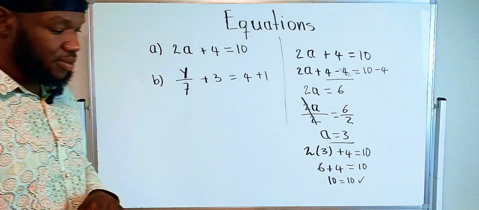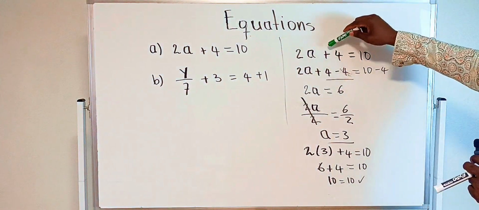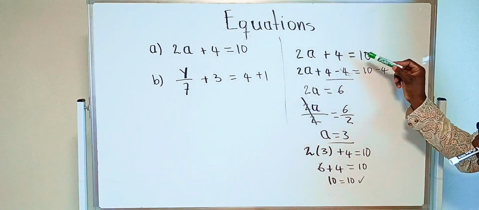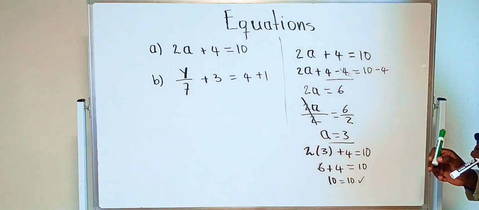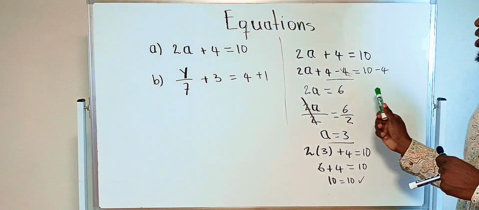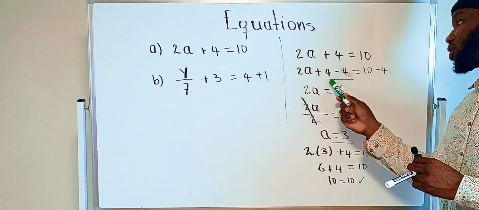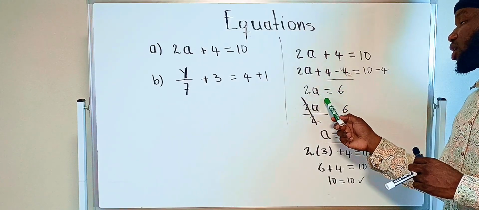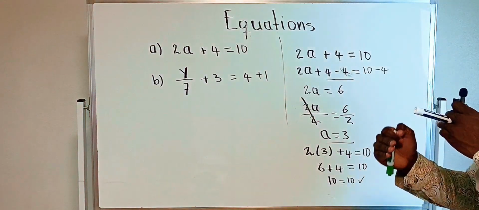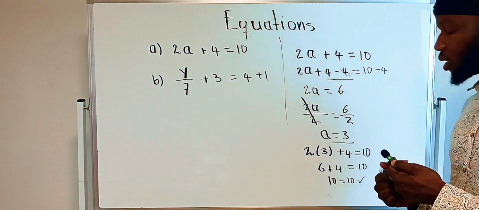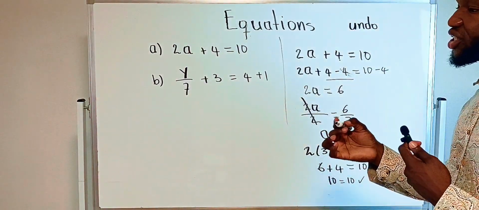You just gotta take your time to do the steps. You see 2a plus 4 equals 10. I know that to have the answer, I should have only a on one side. So I should add negative 4 to both sides in order to get rid of the 4. Right after that, I should divide both sides by 2. It's like you're trying to undo the operation that they did.